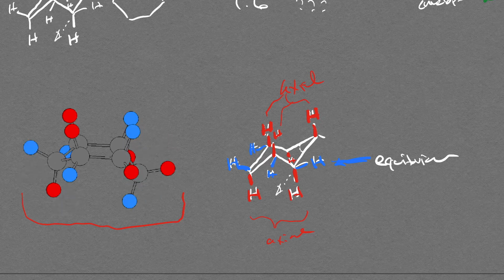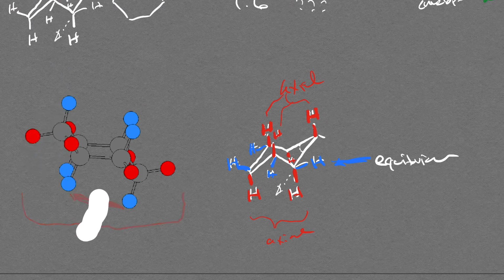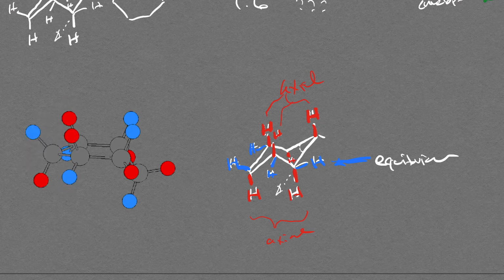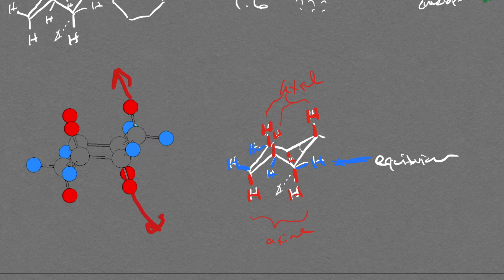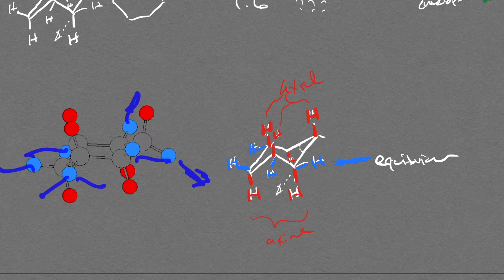There goes the blue, and then that one goes from the top, and that's falling down, and now the blue in this particular case are all axial, and then the red goes back down right here. Now the red is pointing straight down, and these are pointing straight up, and then this one follows. And now that one's pointing straight up. Now these are equatorial and pointing out towards the equator, right?